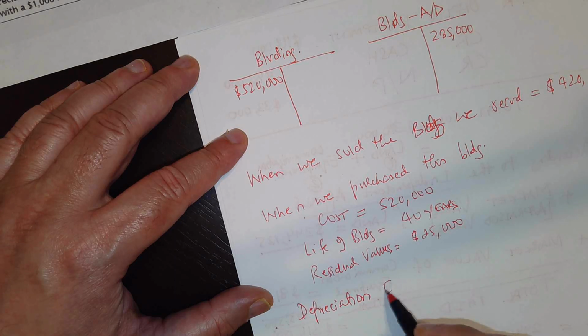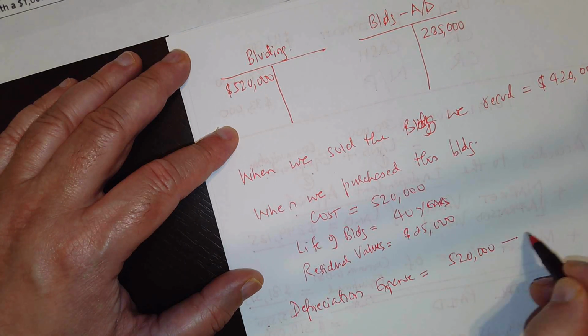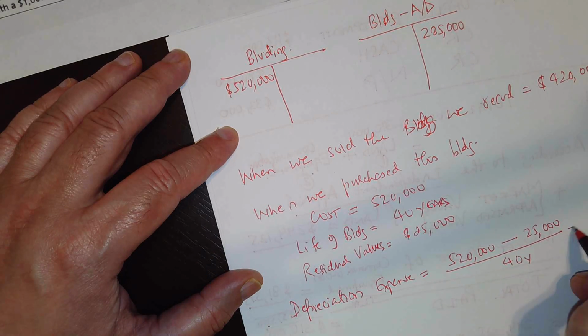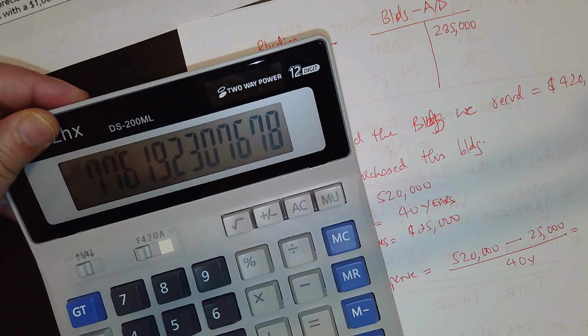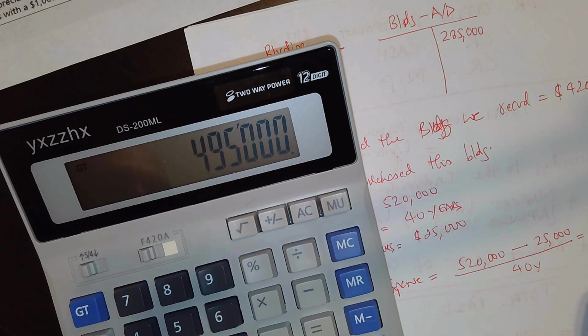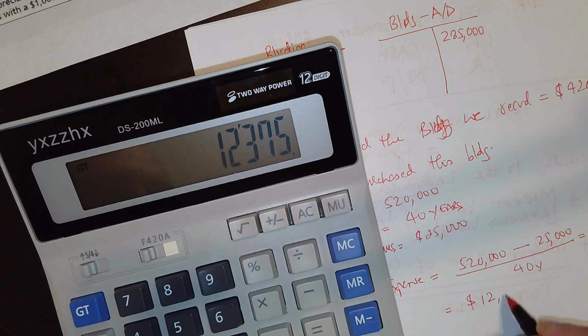Depreciation expense is going to be $520,000 minus $25,000 for the residual value divided by 40 years. So if we take $520,000 minus $25,000, that is equal to $495,000. $495,000 divided by 40 years will equal $12,375 per year.